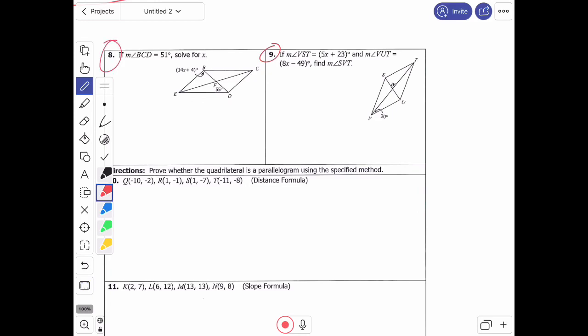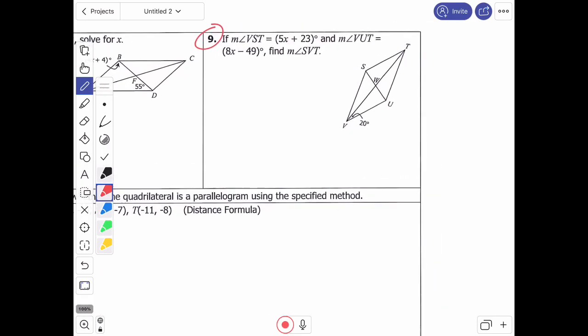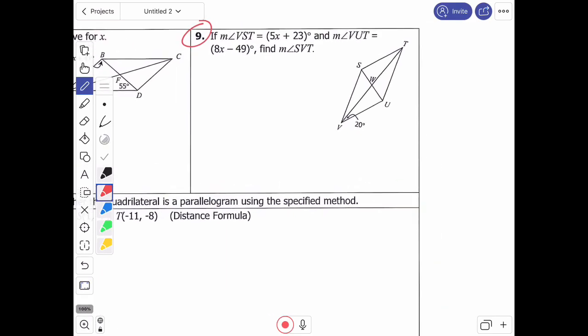So if I do number 9 with you, it says if, which I'm actually going to zoom in because he's got some angles in here, if VST, so this whole angle is 5x plus 23, and the angle of VUT equals 8x minus 49.